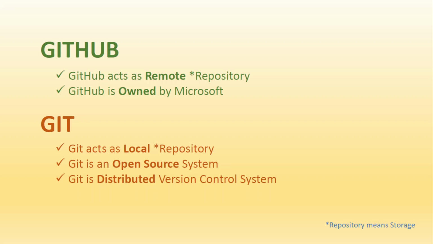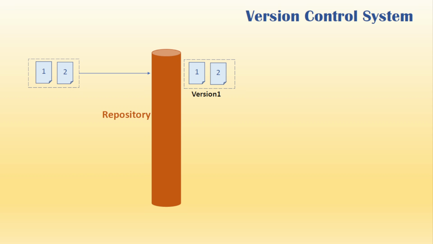Let's first understand what a version control system is, then we'll jump back to distributed. Let's say you are working on a project and you have created two files, one HTML and another CSS. Those two files you store in your repository and you give it a name, version 1.